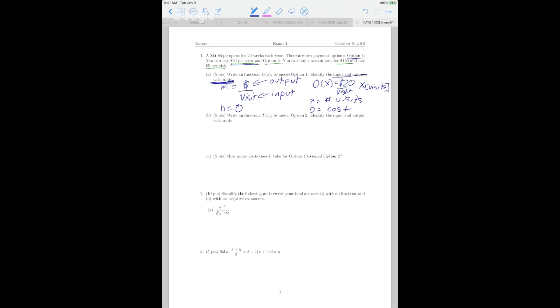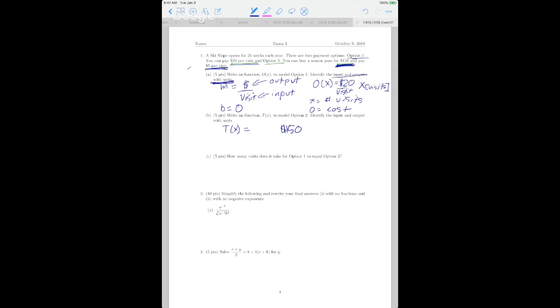All right, so for option 2, we pay this fee, and then we pay $5 per visit. Now that's sounding sort of like an intercept, right? There's an initial value here that doesn't depend on the number of visits. So however many times we visit, we definitely paid $150, right?